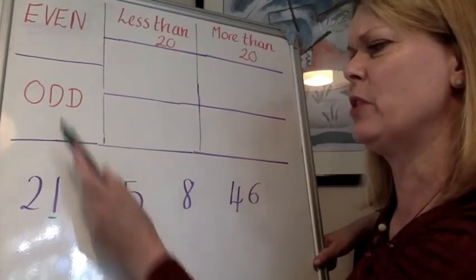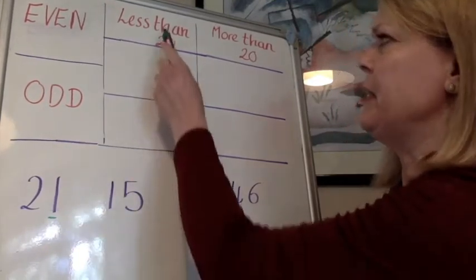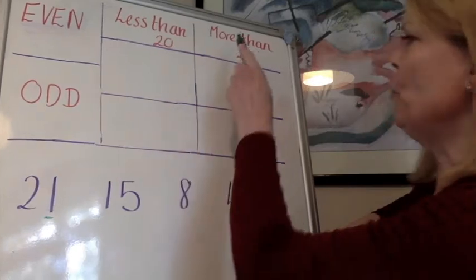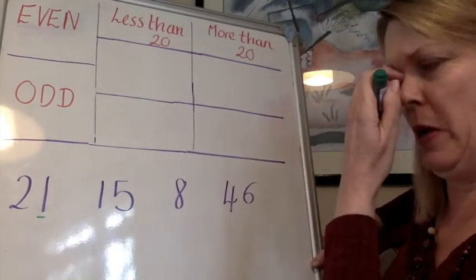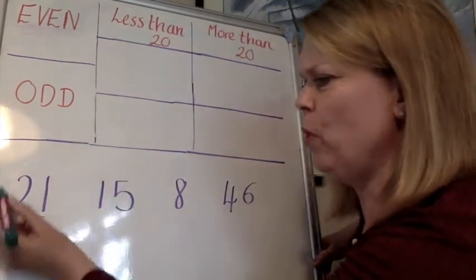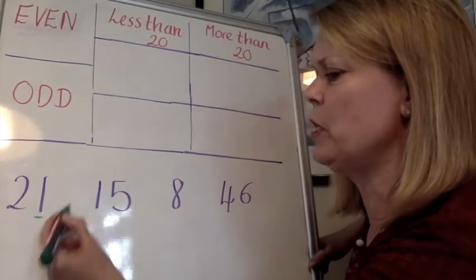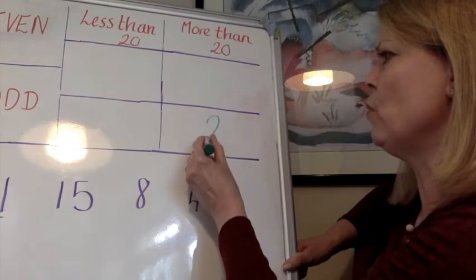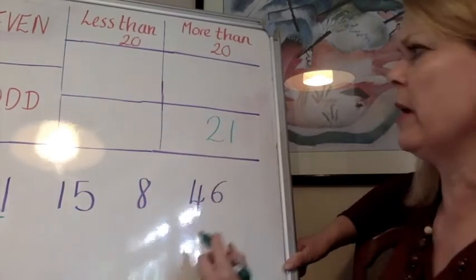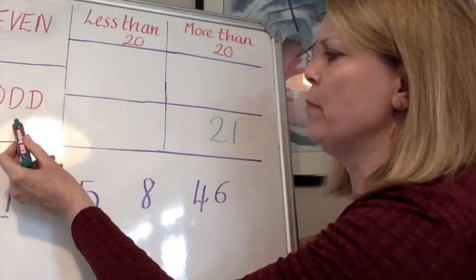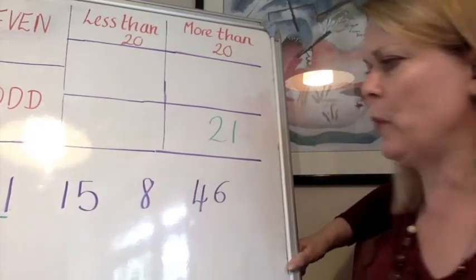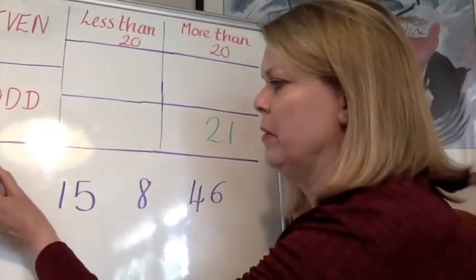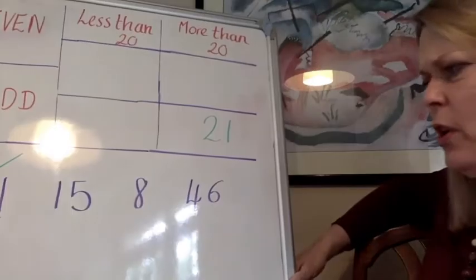Now what we have to decide is, is 21 less than 20 or more than 20? Okay, so we have probably worked out by now that 21 is more than 20 and therefore 21 needs to go here because it's an odd number and it's more than 20. Tick.